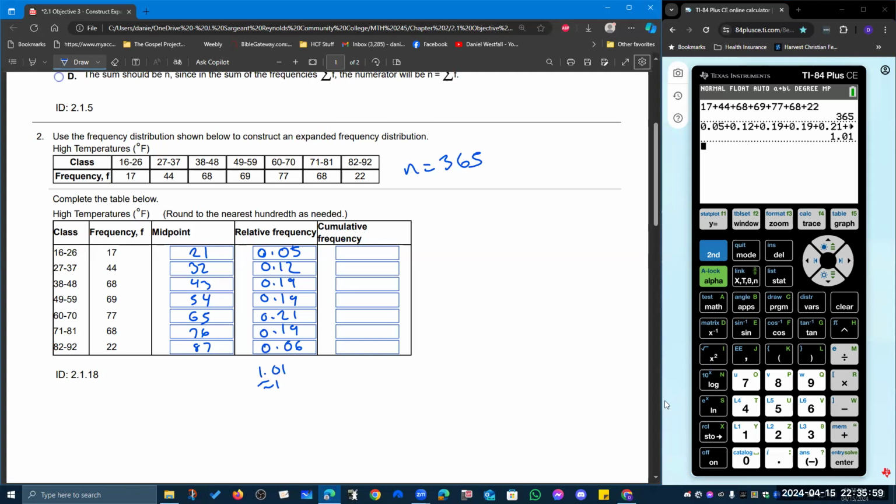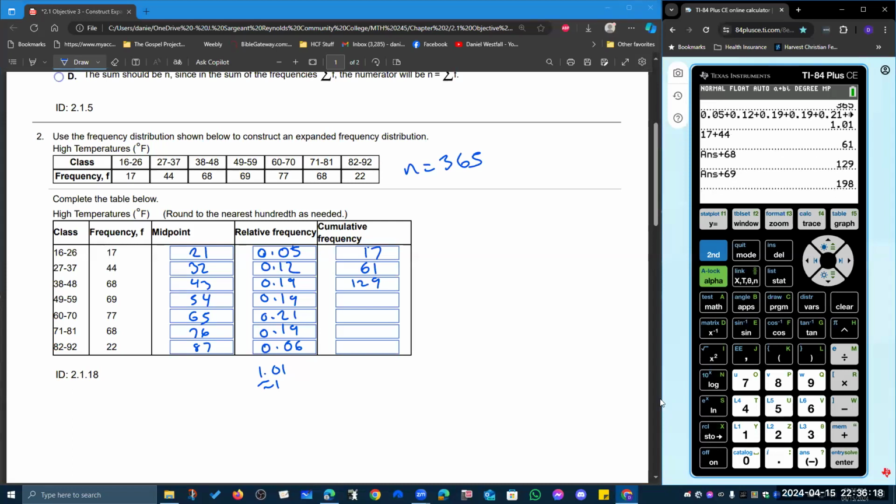Now our cumulative frequency, we're going to start off with 17. We're going to have 17 plus 44, which gives me 61, plus another 68 is 129, plus 69 gives me 198, plus 77 gives me 275, plus 68 is 343, plus 22 gives me 365.